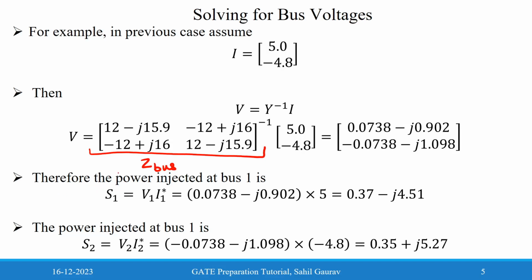Similar to the previous slide, we can find the power injected at both the buses, S1 and S2, by using this expression. S1 is equal to V1 I1 conjugate and S2 is equal to V2 I2 conjugate.